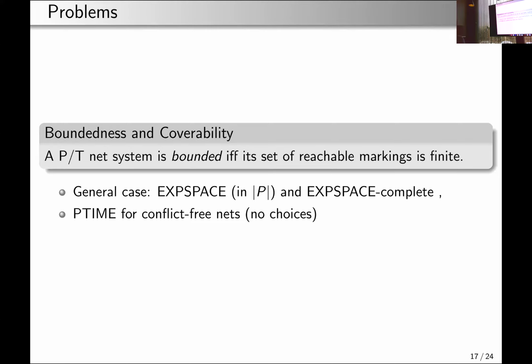Well, in the general case, so here when I say the general case, this means PT systems and tokens, okay? Of course, boundedness, if the net is safe, is trivial because they are all bounded. So deciding this is ExpSpace-complete, and if I don't have choices, I never branch over places, and the thing trivializes to polynomial time.